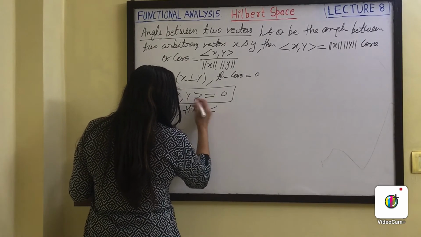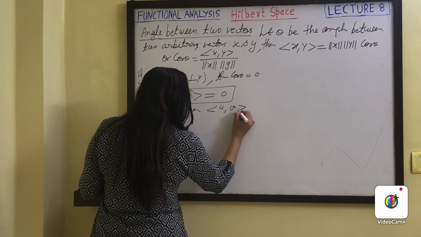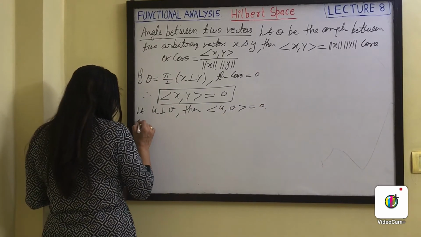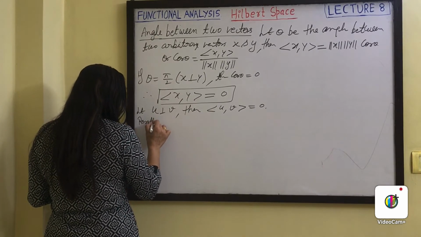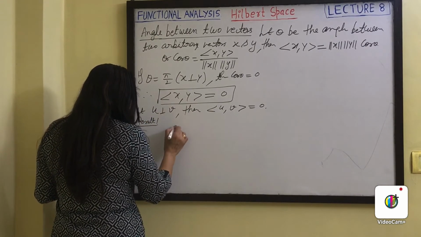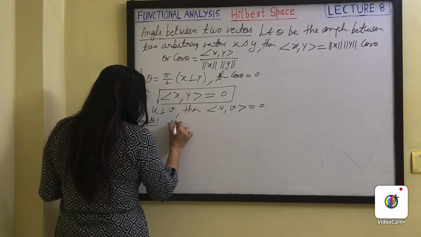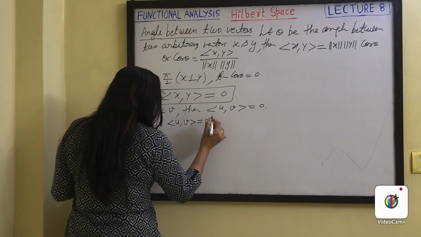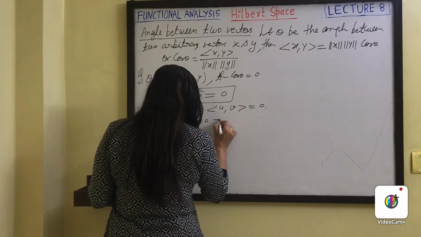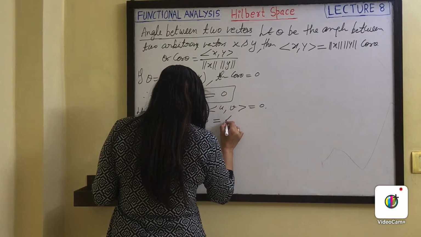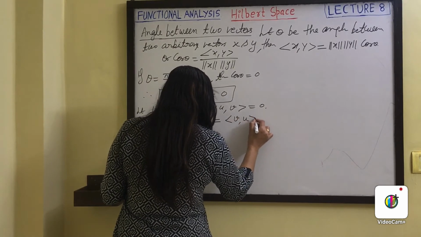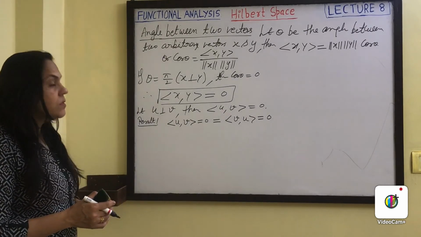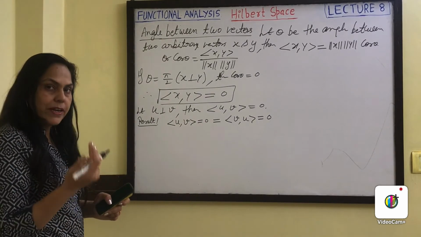Then obviously we have already proved u equals 0. Now the first result is u comma v is equal to 0 implies v comma u is equal to 0. That is, we can say if u is perpendicular to v, then v is also perpendicular to u.